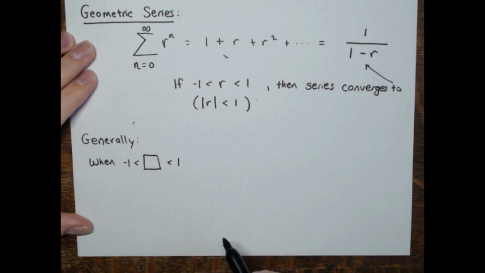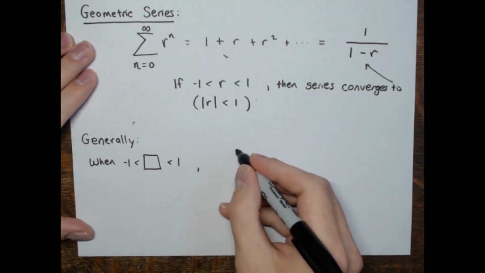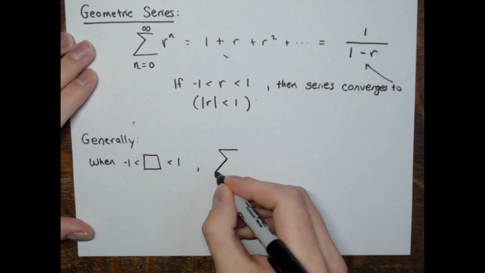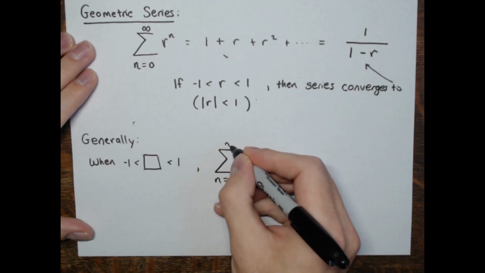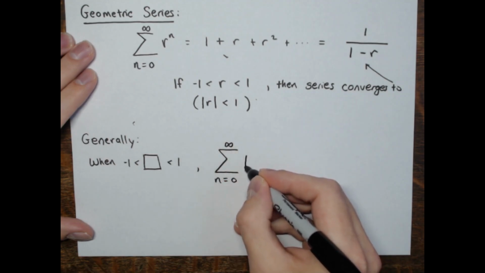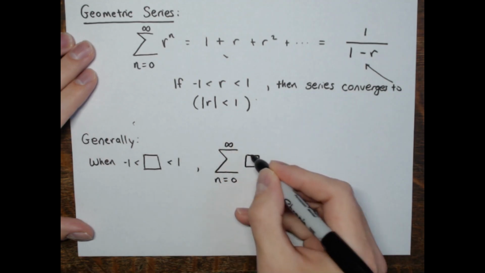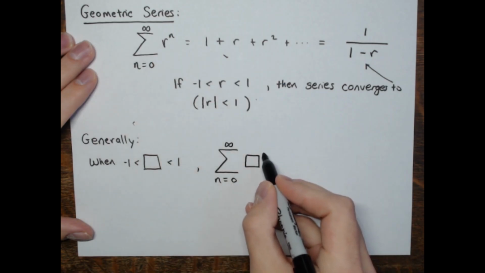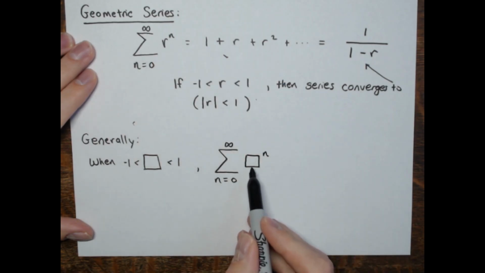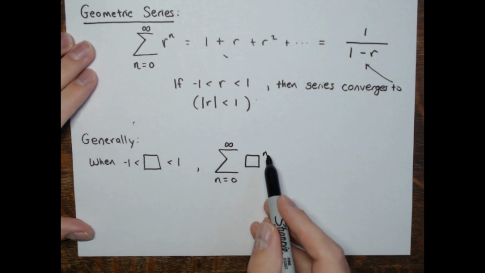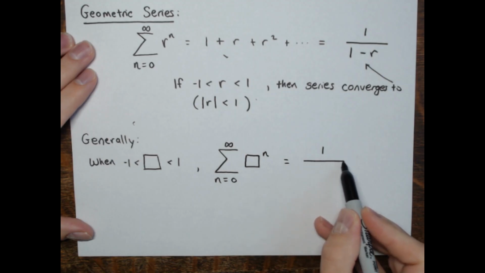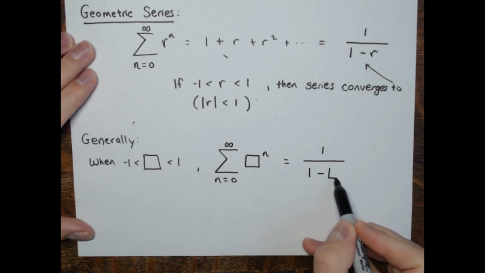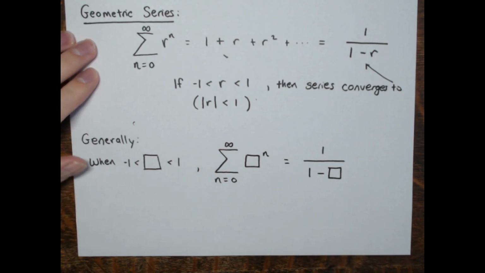Whenever the value of the expression in this box is between -1 and 1, this series, right, the sum from n equals 0 to infinity of, and again, all this box is doing is replacing our common ratio here, box, something to the nth power is equal to 1 over 1 minus whatever's the expression in that box, right?